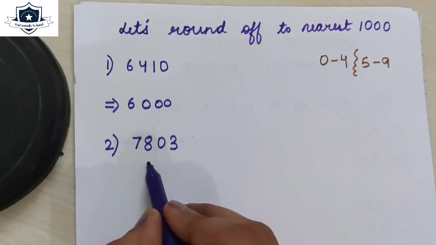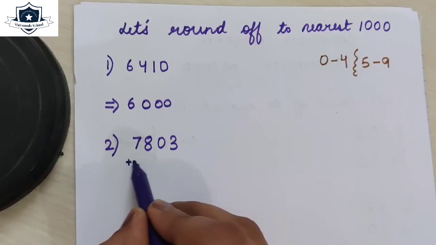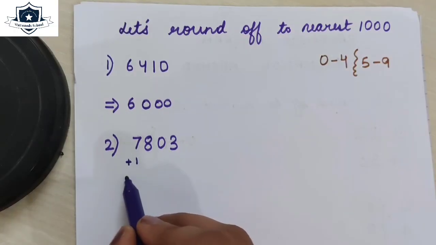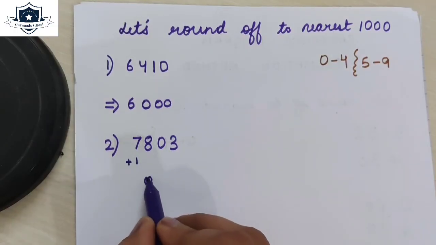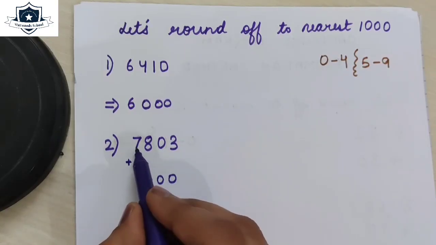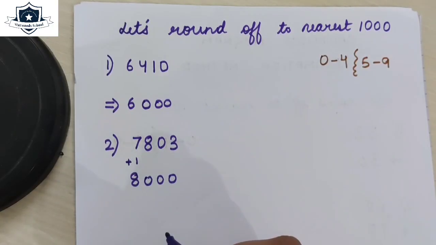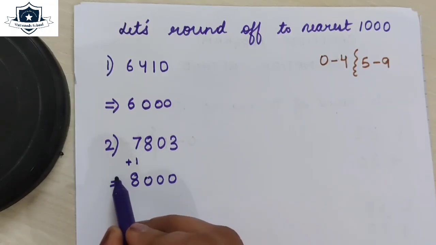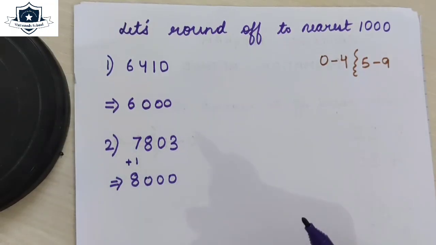Now it is falling into the greater bracket. When this is falling into greater bracket, the previous number will be added 1, and the other numbers will be 000. This will become 8. So this becomes 8,000, nearest 1,000.